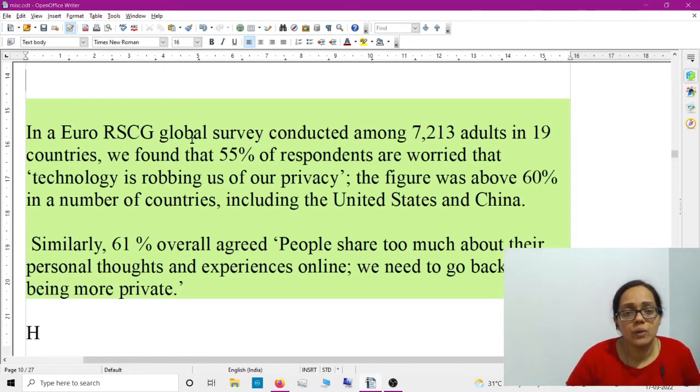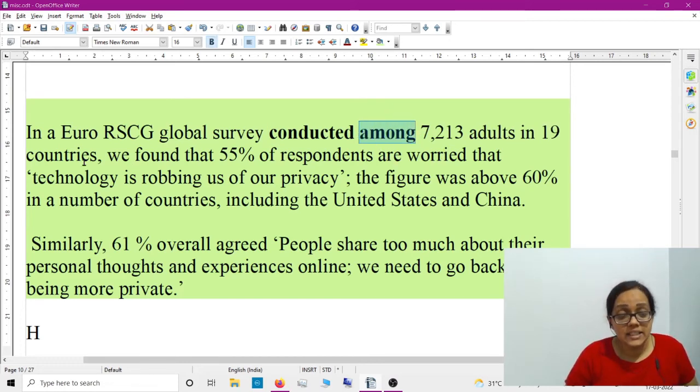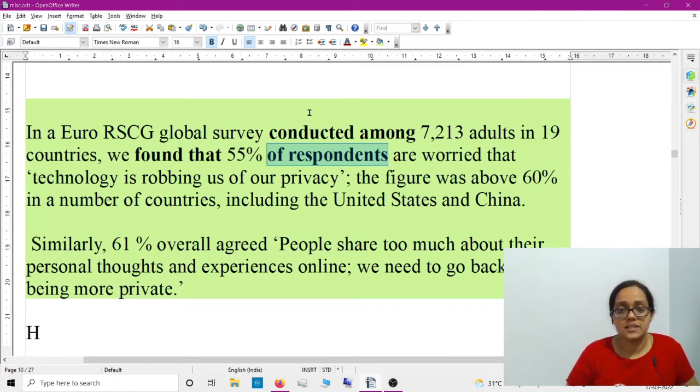In a global survey conducted among adults in 19 countries, we found that 55% of respondents. You won't get this vocabulary from any websites related to IELTS because it's directly from the passage itself.